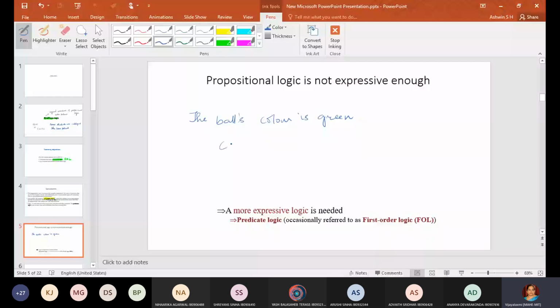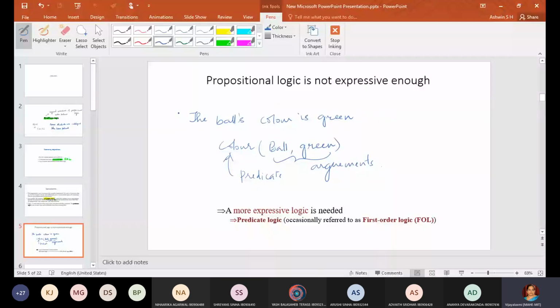So what we do is we represent it something like this: color(ball, green). In this type of representation, this is the predicate and these are the arguments.